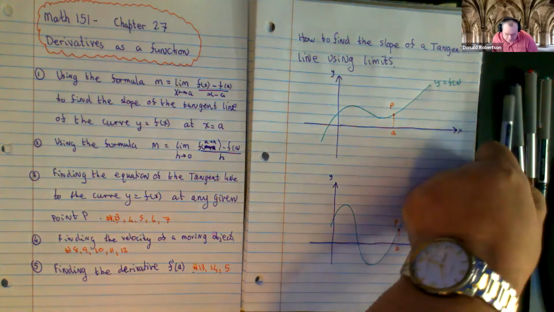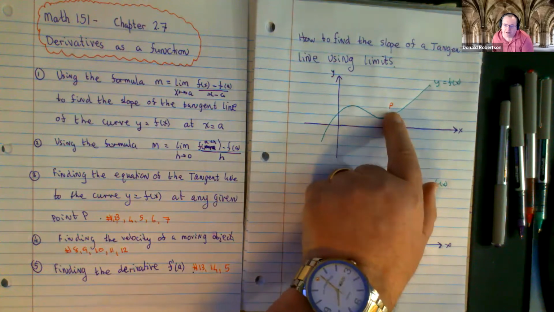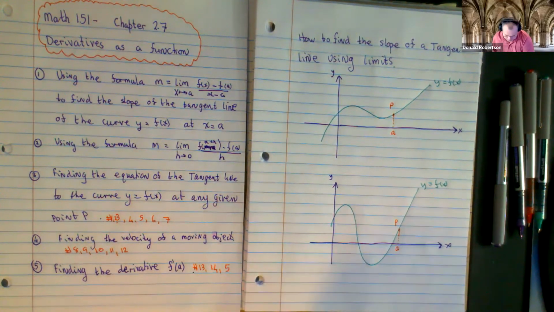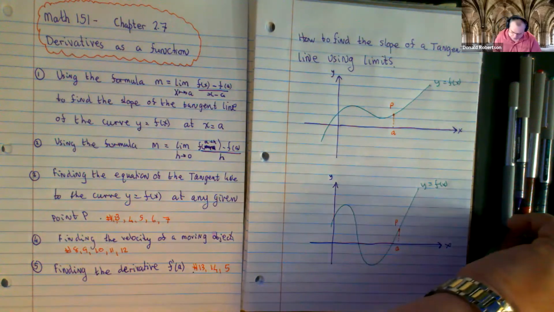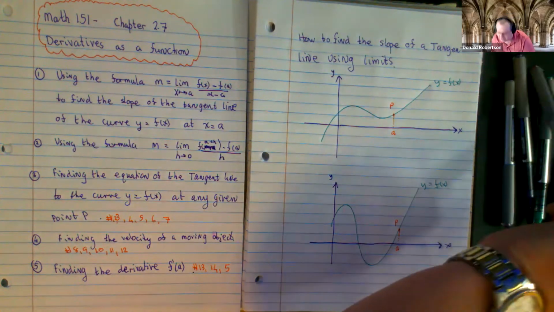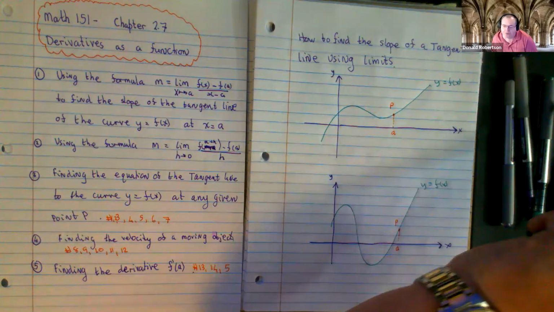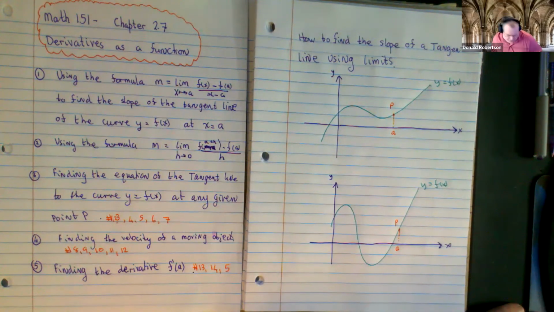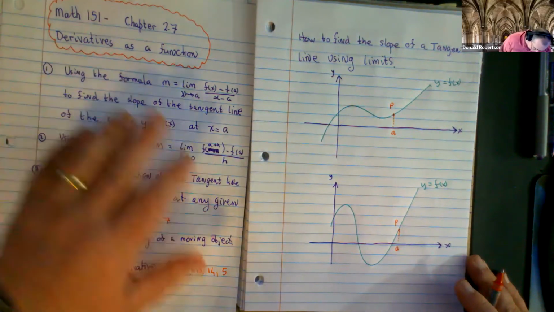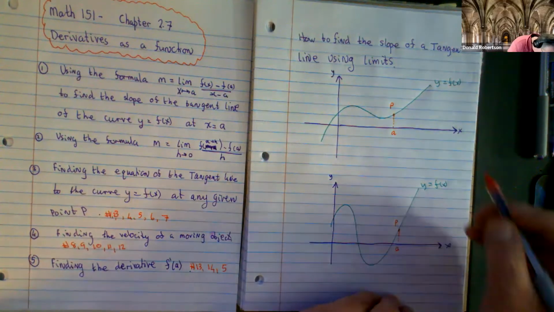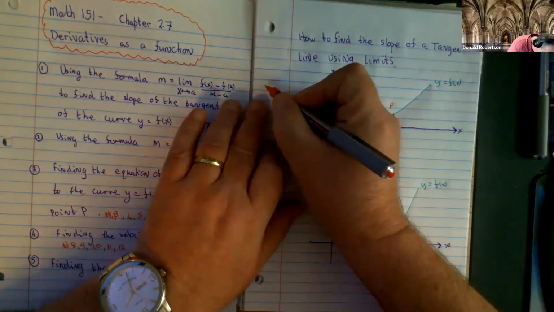So we're trying to find the slope of the tangent line at a given point P. And we want to know the exact value, which is the hardest part, right? We don't want a nice numerical estimate, which we've done before, but something that is in all respects the slope of the tangent line. So this is, I'm going to call it method 1.